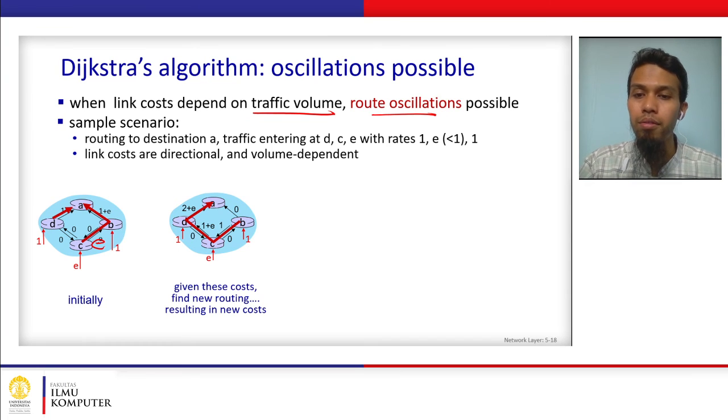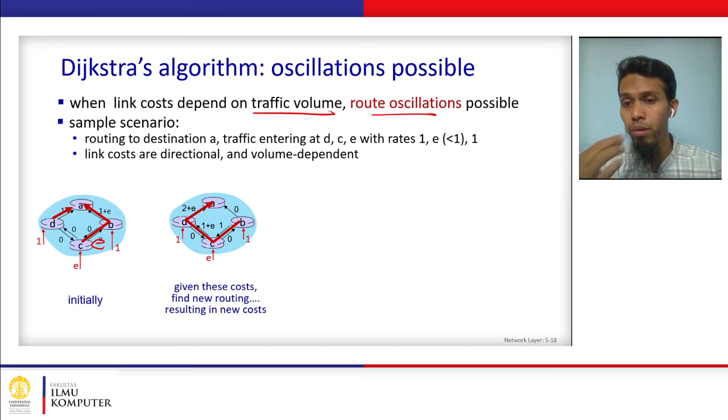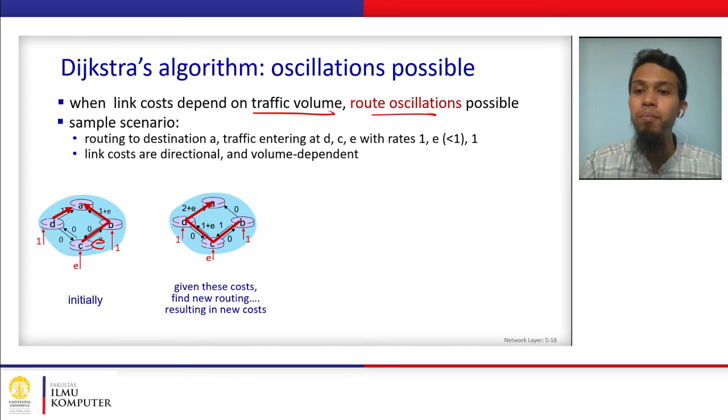Before it was 0, now because there's traffic from B to C, it becomes 1 between B and C, then the traffic between C and D becomes 1 plus e, and then the traffic from D to A becomes 2 plus e, so 1 plus 1 plus e.